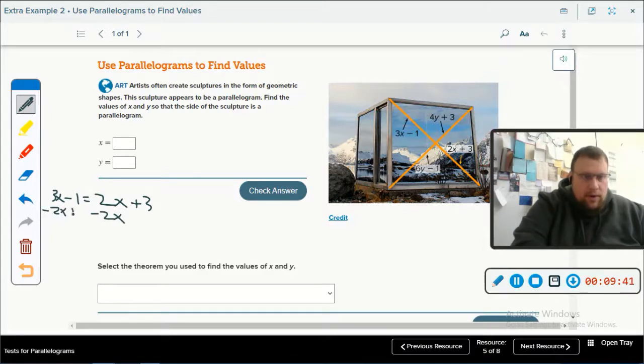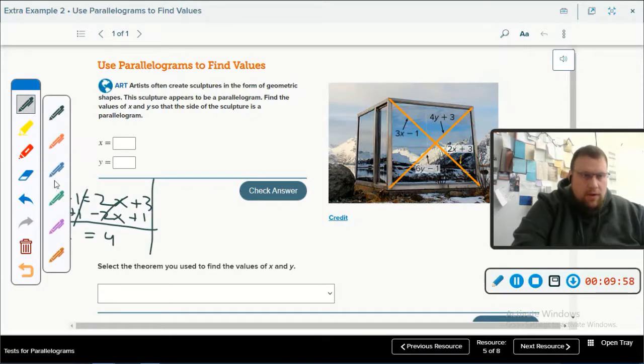Since I subtracted 2x, I'm going to move 1 over to the other side, plus 1. And I get x equals 4. Awesome, so x equals 4. A different color. Let's go with green.